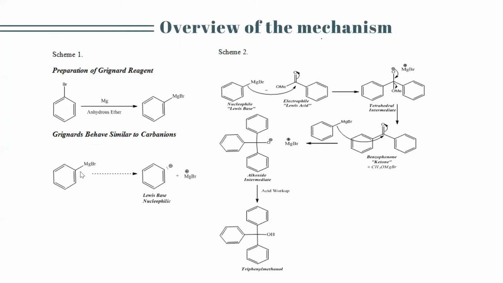A Grignard reaction reduces a carbonyl group into a hydroxyl group, and the hydroxyl group is in the form of a methanol attached to 3 benzene rings. After preparation of the Grignard reagent, the next reagent, as you can see in scheme 2, is a ketone with 2 benzene rings on either side of the carbonyl group, which is benzophenone. More details will be discussed in the next slides.